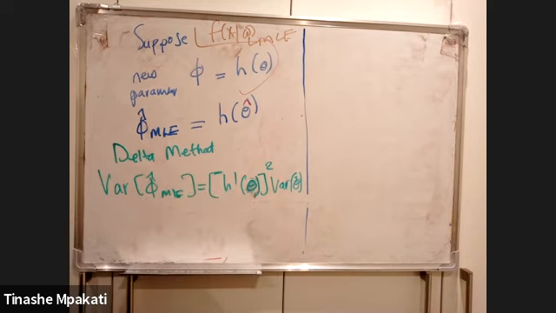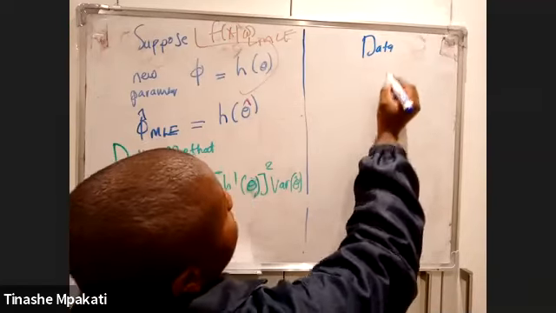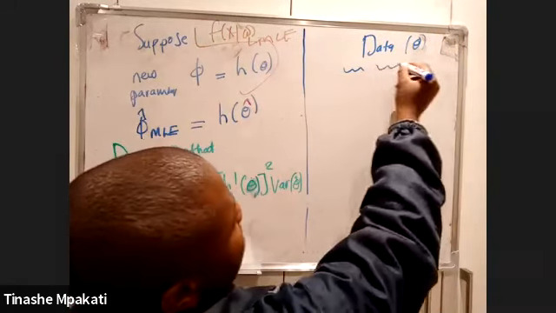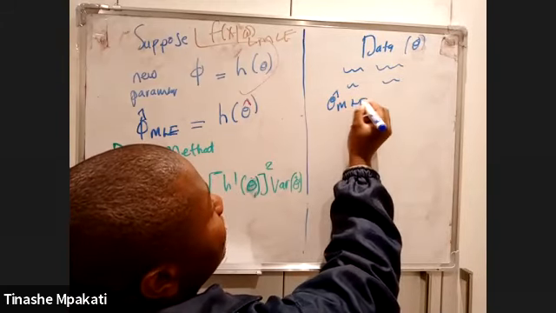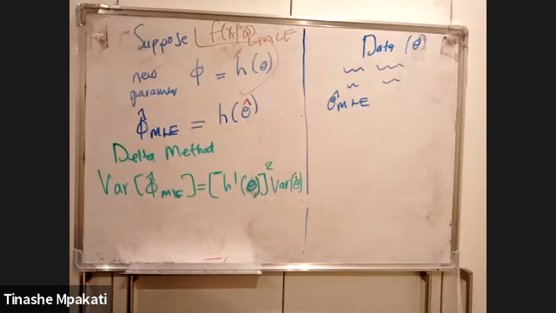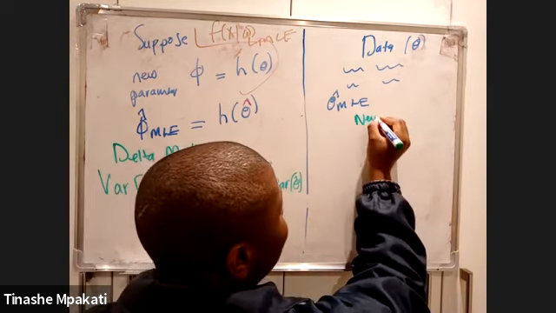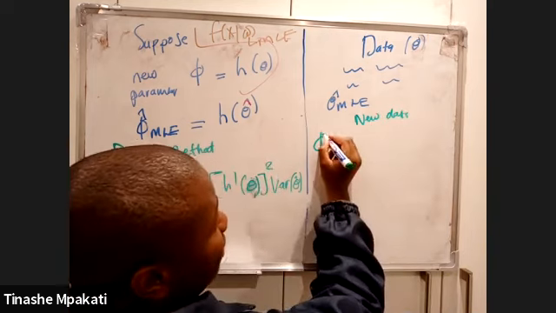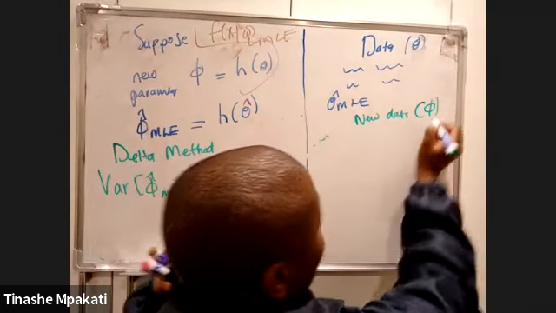You're given this data with a parameter of interest theta. You've done everything that's important there, including finding the maximum likelihood estimate of your theta. And the next thing, suppose you've got new data, and you even have a new MLE, which we call phi.